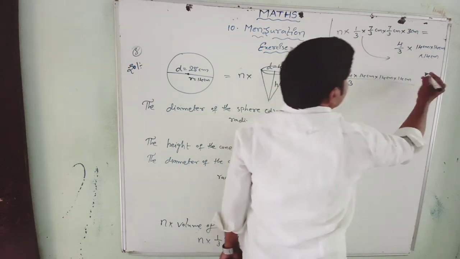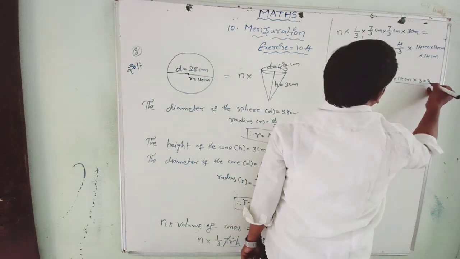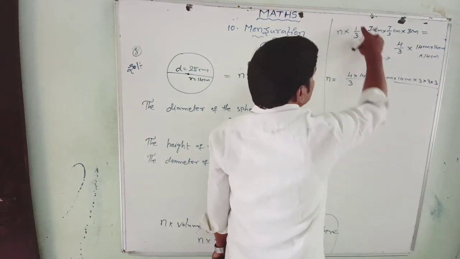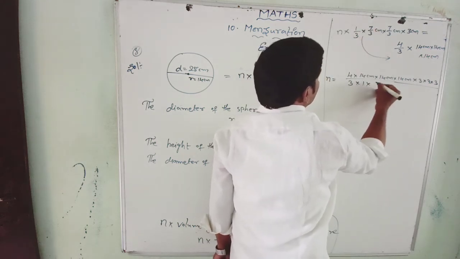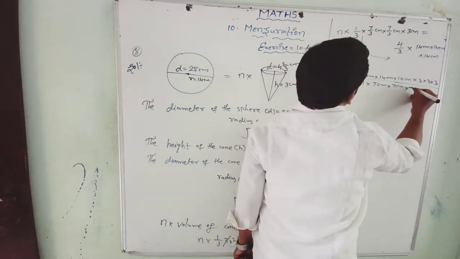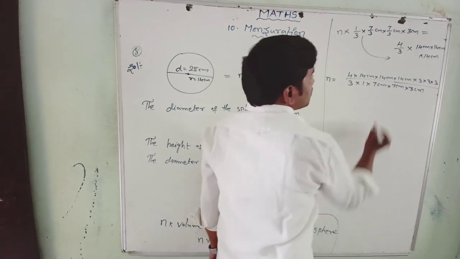These are dividing, so they become multiplication. Division terms become multiplication. And the multiplication terms become division. So 1 into 7 centimeters into 7 centimeters into 3 centimeters.